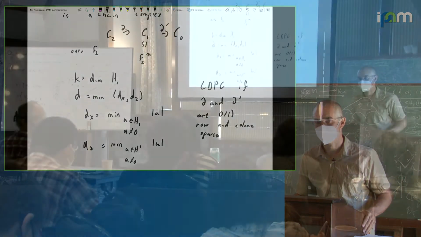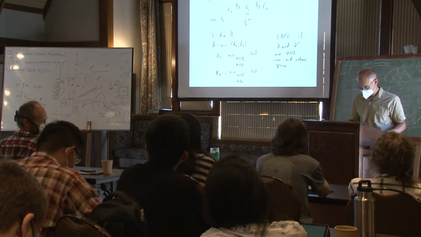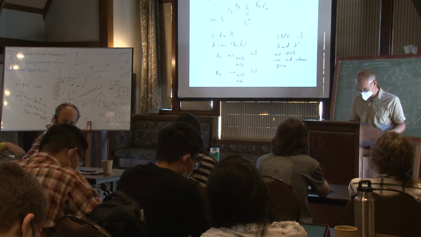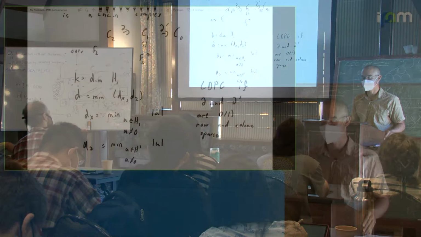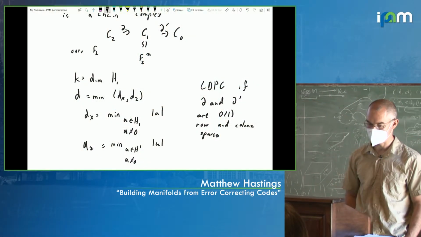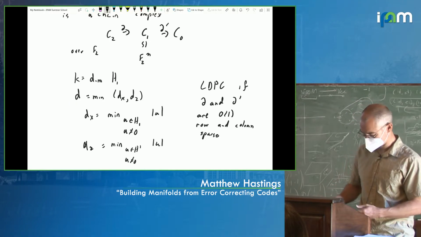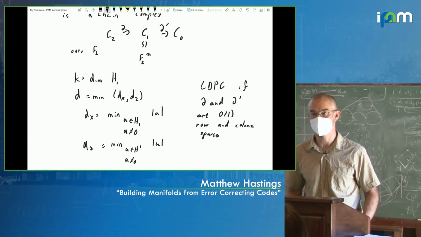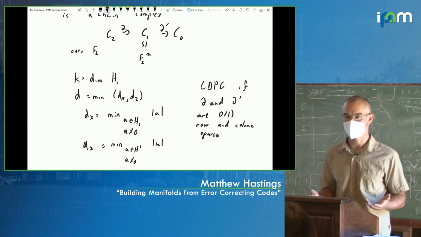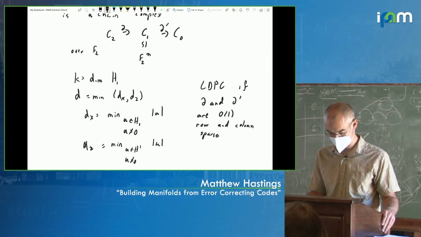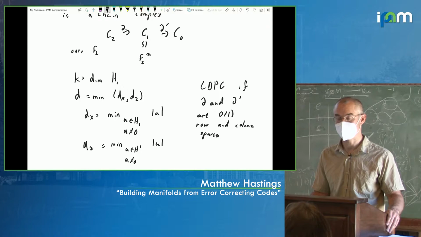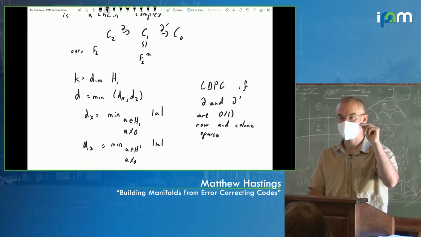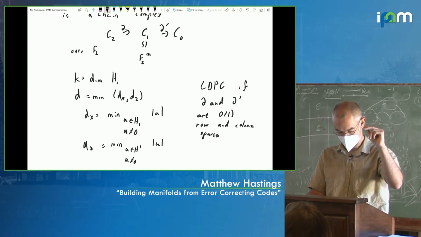Yes? Are you implementing the X and Z checks as maps from F2 to the n? Yeah, so grad and grad prime encode the X and Z checks. It's the same way as in the classical error correcting code, where grad encodes the checks that were present. So in grad prime, the columns correspond to qubits, and the rows correspond, I guess, to Z checks.